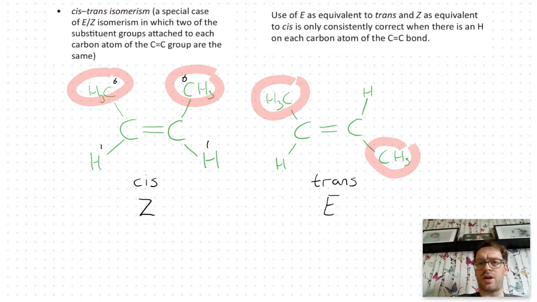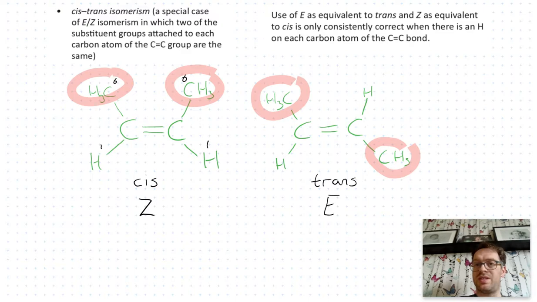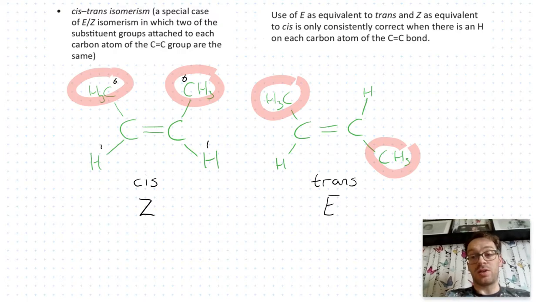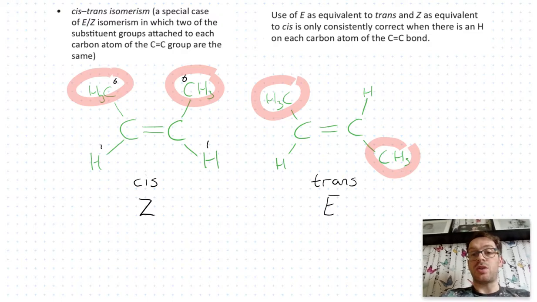Now again, the other extract from the spec in the top right just helps you out a little bit with this. So E will always be trans and Z will always be cis when each carbon has a hydrogen on it. And that's because hydrogens are always going to be the lowest priority. So there's nothing that is going to be lower in priority than hydrogen.